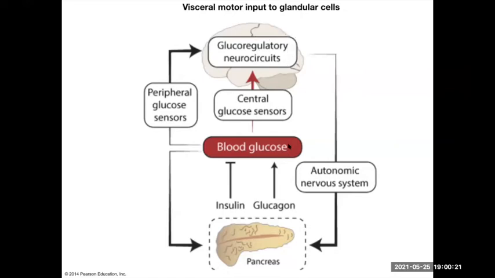So if you need more energy and you want to increase the level of glucose in your blood, you might start stimulating them to secrete more glucagon, or vice versa, insulin. You could do that through those cells that actually sense the blood glucose, or through input via your hypothalamus and your autonomic nervous system. Glandular, right? Making that secrete more insulin or glucagon. All right, that's just another example.